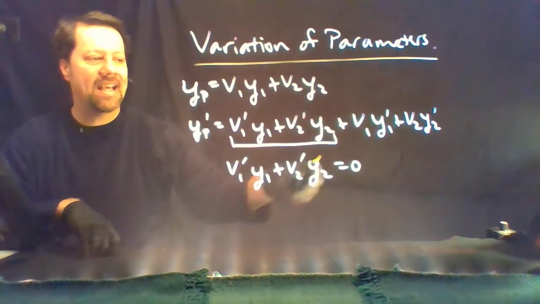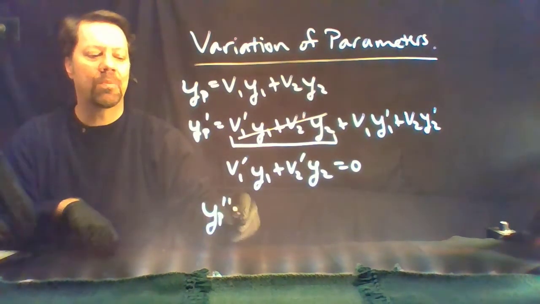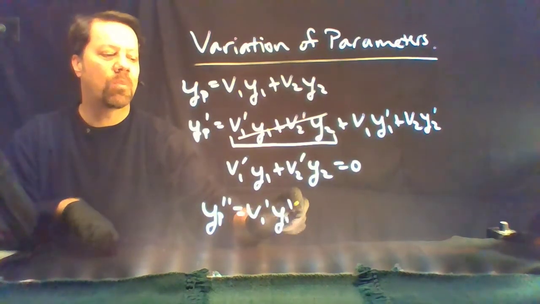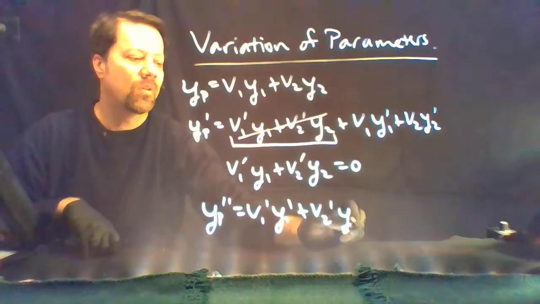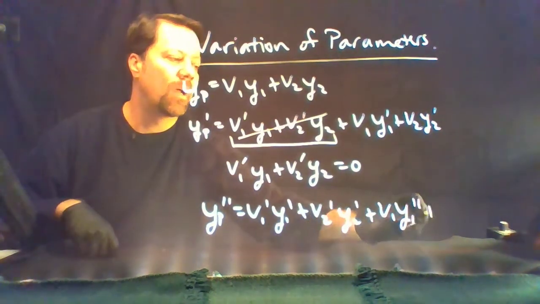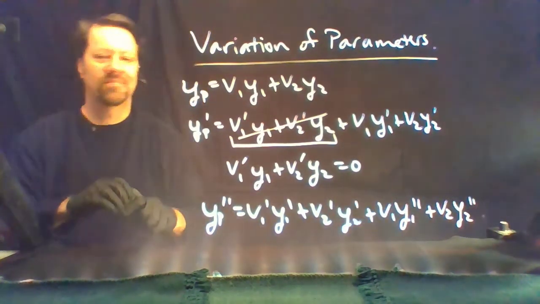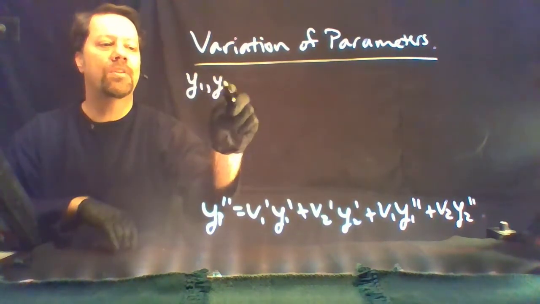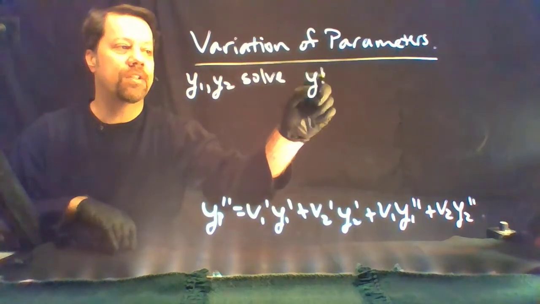If that's the case, then this will go away, and yp double prime will be v1 prime y1 prime plus v2 prime y2 prime plus v1 y1 double prime plus v2 y2 double prime. Keep in mind that y1 and y2 solve the corresponding homogeneous equation.